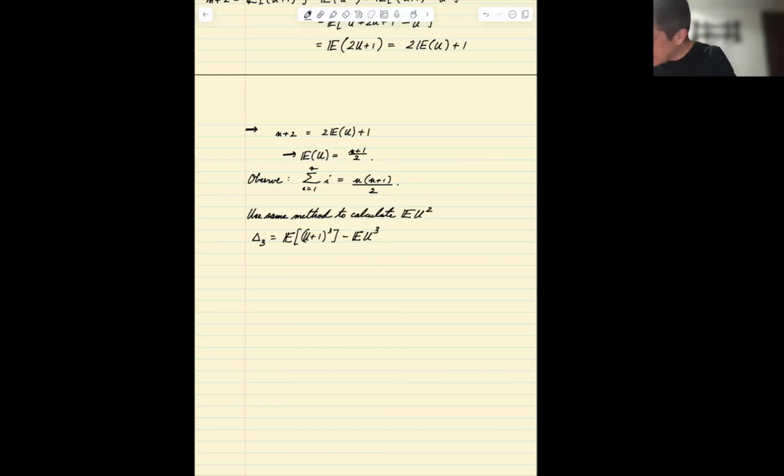If we do this, same idea, it's a telescoping sum. We end up with (n+1) cubed over n minus 1 cubed over n, which is n squared plus 3n plus 3.